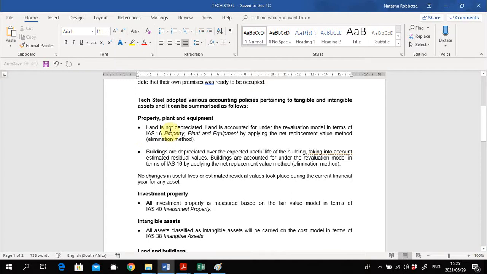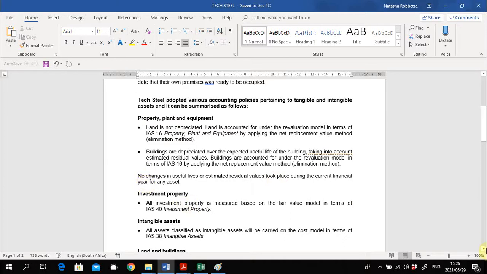For buildings, it is stated that they are depreciated over their expected useful lives, taking into account the residual values. Again, the revaluation model is applied. And we have a net replacement value where the accumulated depreciation is eliminated. No changes in useful lives or estimated residual values took place during the financial year.